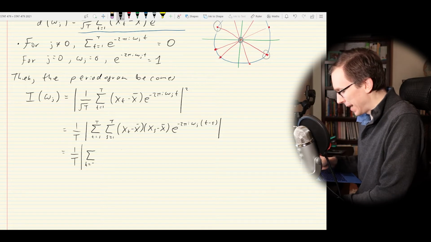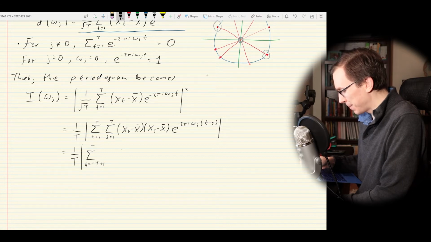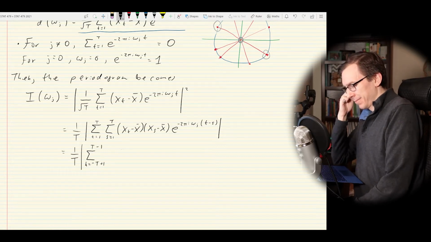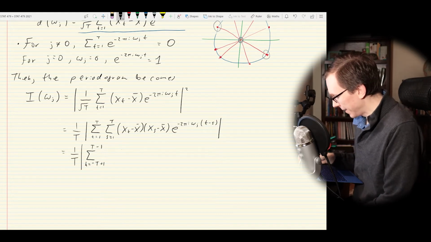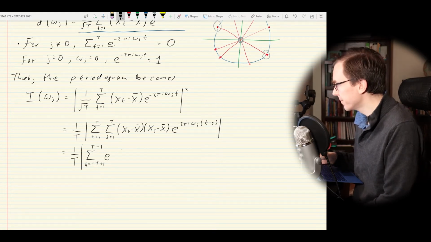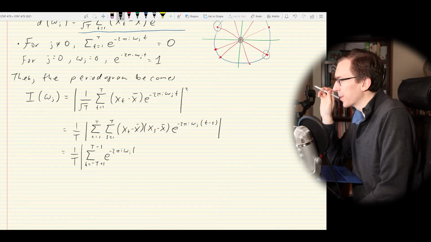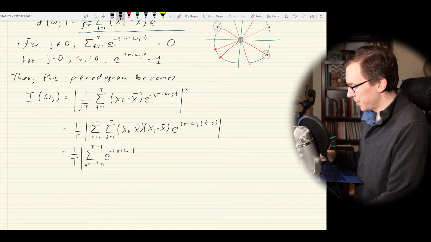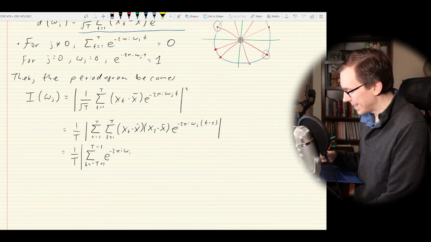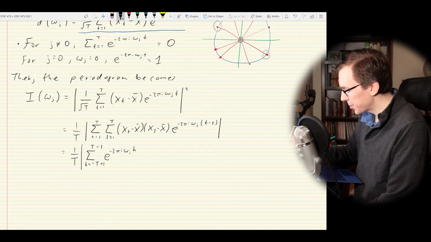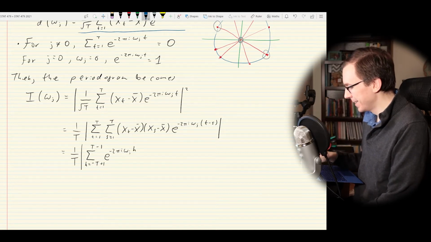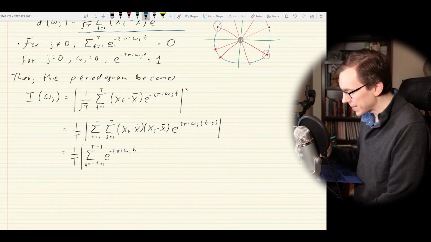And we're going to run this from minus capital T plus 1 to plus capital T minus 1. And we're going to take out that complex exponential, which is going to be minus 2 pi i omega j. And now we're going to change t minus s to be h. So what we're doing here is a substitution, basically.